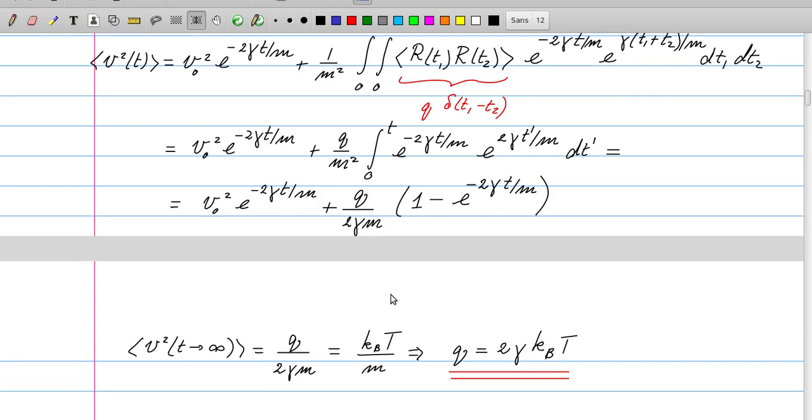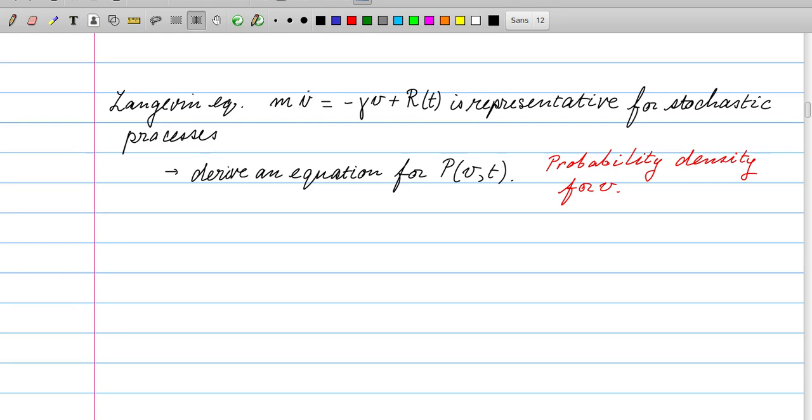And using the equipartition theorem, we can relate that constant to the width of the random force, Q. So the width of the random force together with the drag determine the final kinetic energy, so the final temperature of a particle in the fluid.